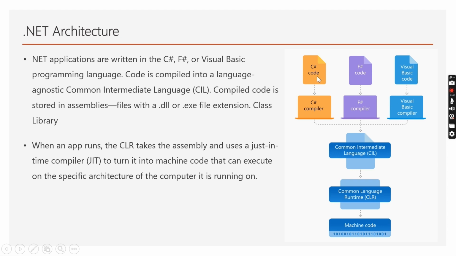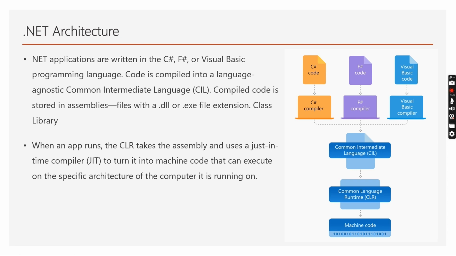First, we write the code in C# or any other language, and then the respective compiler will convert the code into the common intermediate language. It is the same language for every language written in the .NET framework. The code will be stored in a DLL or exe file.